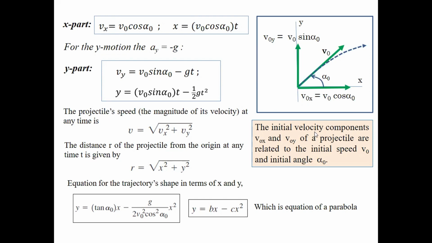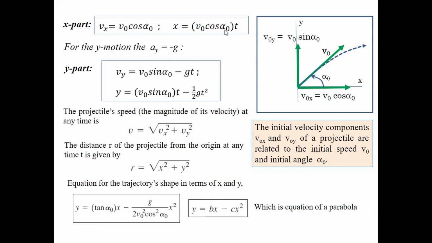The initial velocity components of the projectile are related to the initial speed, as is shown here, V naught times cos of alpha naught and V naught times sine of alpha naught. Therefore, these components are really related to V naught and alpha naught, and I can shape the equations x and y. This is the x equation and the y equation.